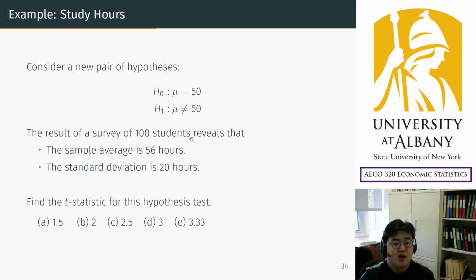I surveyed 100 students and the sample average was 56 hours and standard deviation is 20 hours. So I gave you all the numbers: my belief, sample size, sample average, sample standard deviation. In this case, what is the t-stat for this hypothesis test? Calculate.